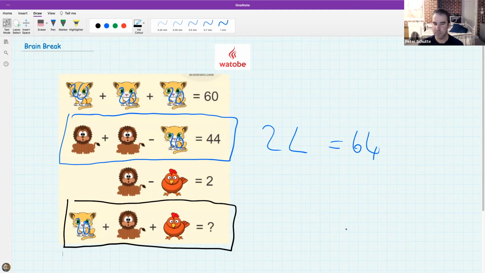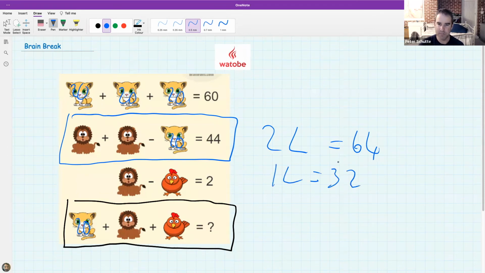Okay, so think about this. If you add 20 to both sides, you end up with 2 lions is 64.